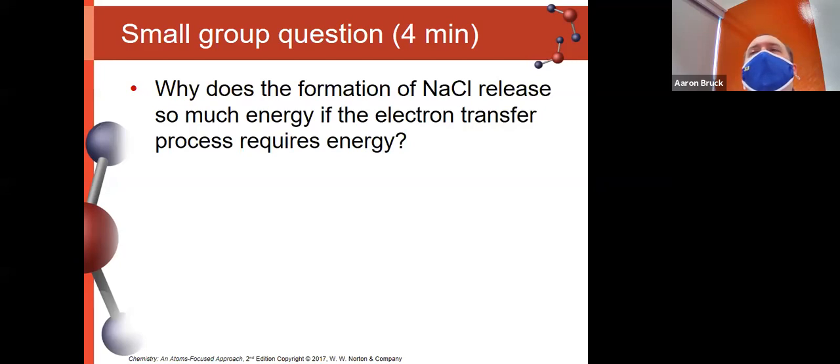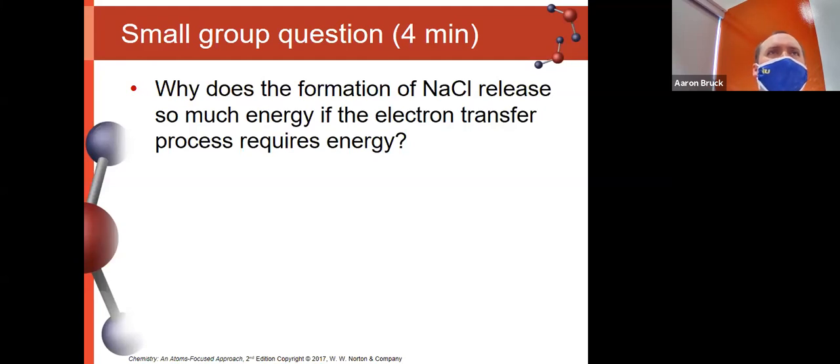Wes? Well, the moving of the electron from the sodium to the chlorine we've already talked about.